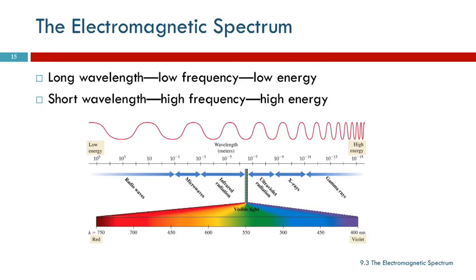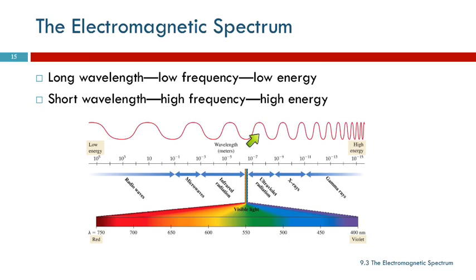So the electromagnetic spectrum is illustrated here. We go from low energy on the left to high energy on the right. Here is a wave, drawn to represent low energy; it looks lethargic.